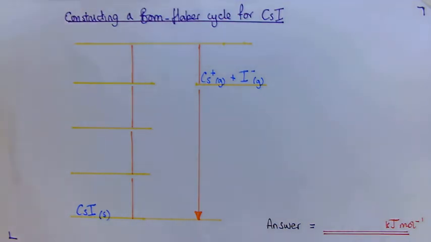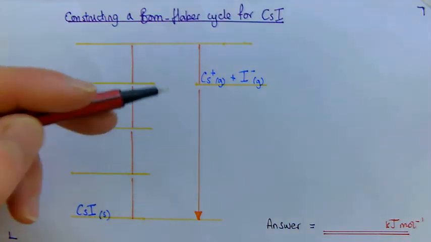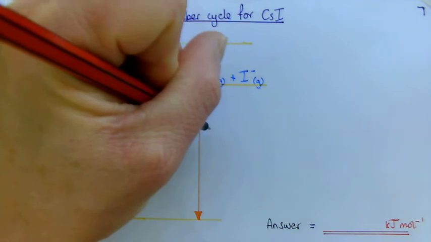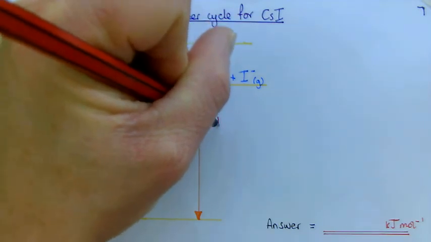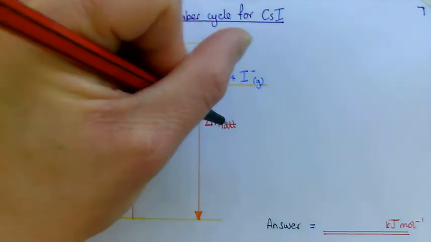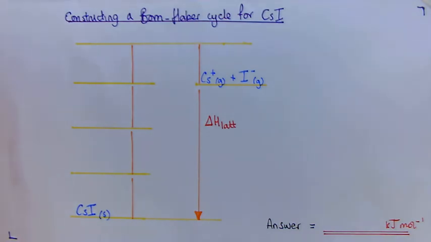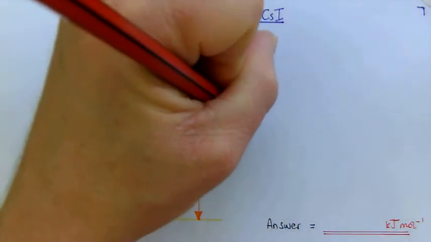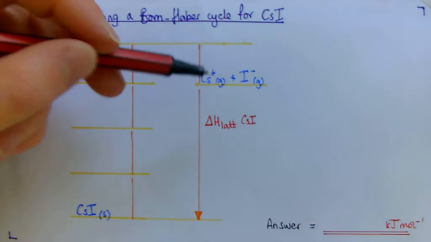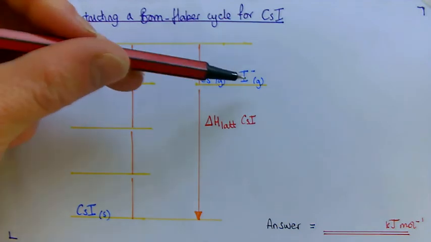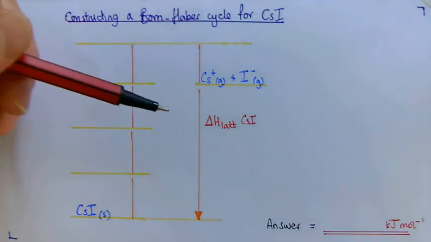So in this case we're going to look at the energy required to make cesium iodide. That is usually trying to find out the lattice enthalpy, the delta H lat, for cesium iodide, where you form cesium iodide from cesium ions and iodide ions in their gaseous state.